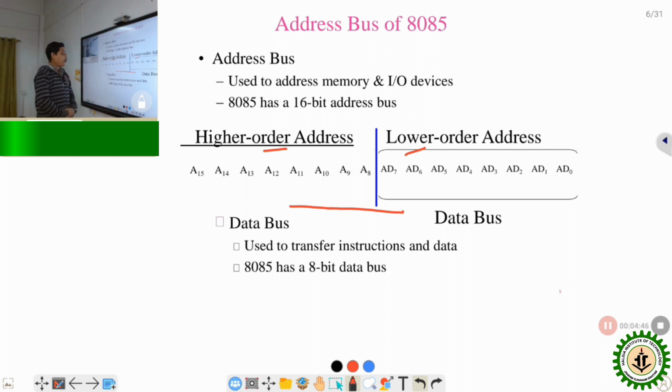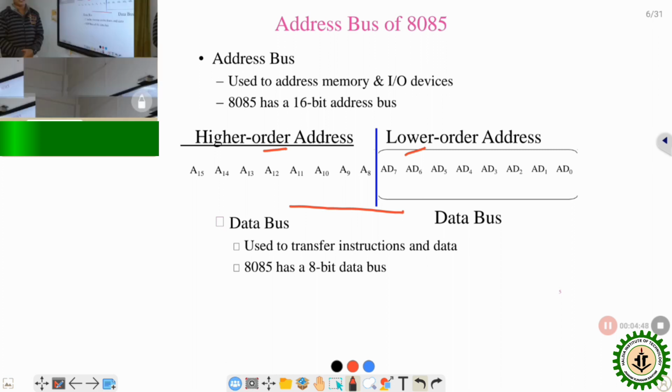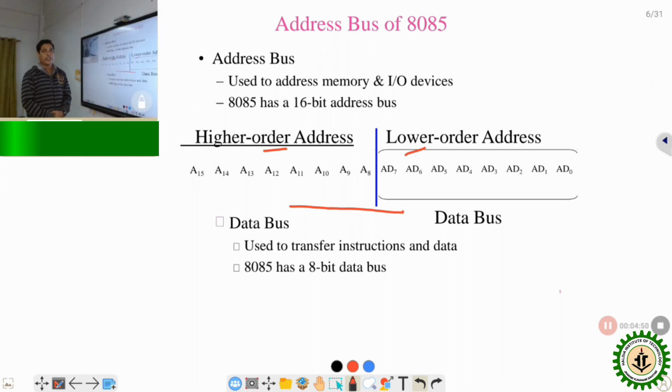As 8085 is mainly an 8-bit processor, its instruction size is also 8-bit. So 8-bit data or instruction is communicated by the microprocessor with the memory through the 8-bit data lines.